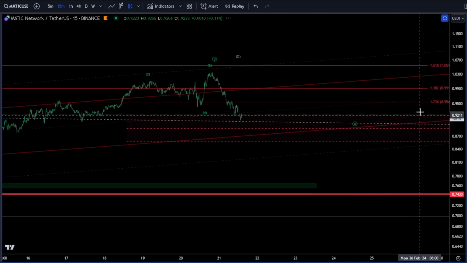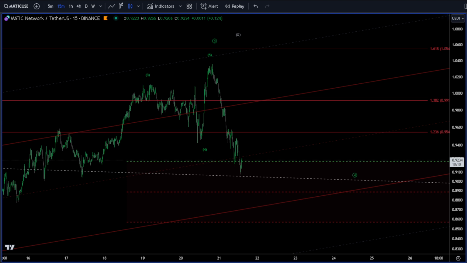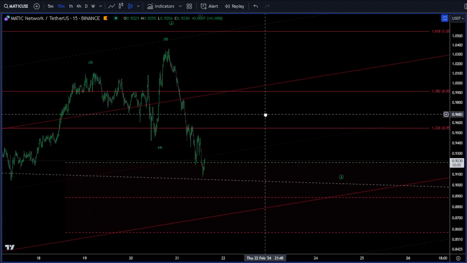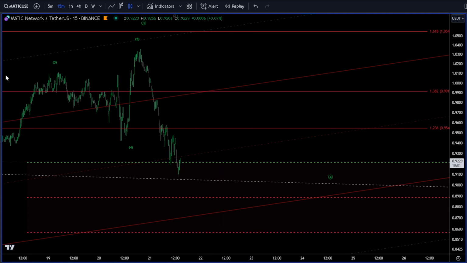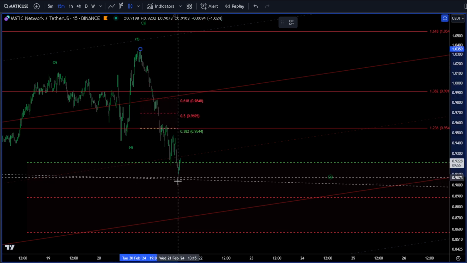What I'm going to do down at the 15 minute is pay attention on the next move. This is something you have to do if you watch the charts yourself. It's all dependent on the next wave.